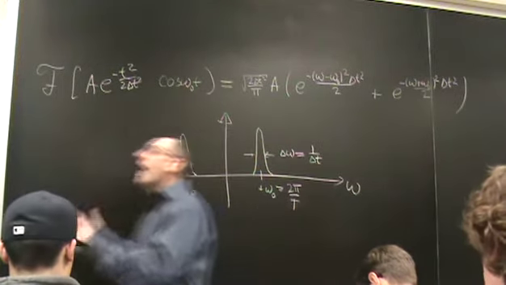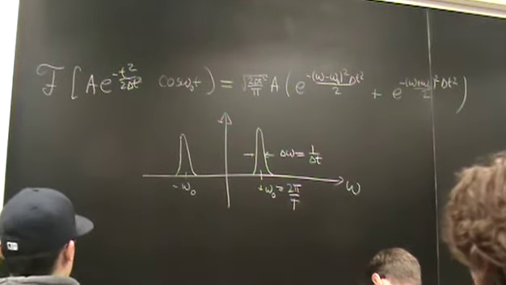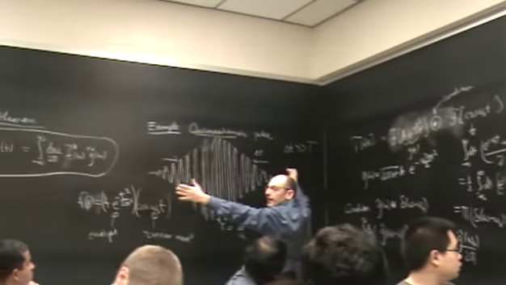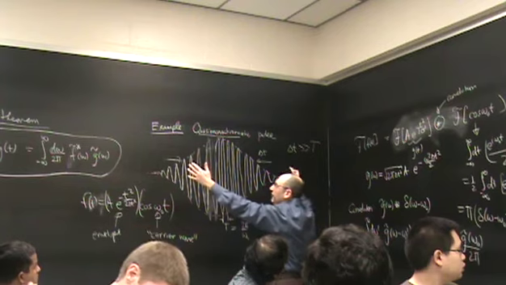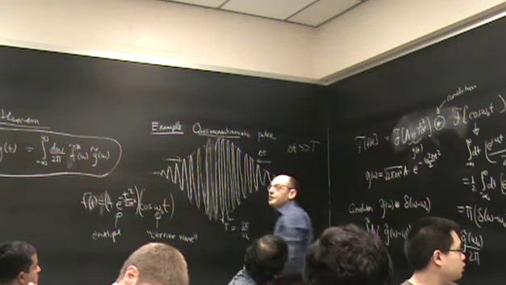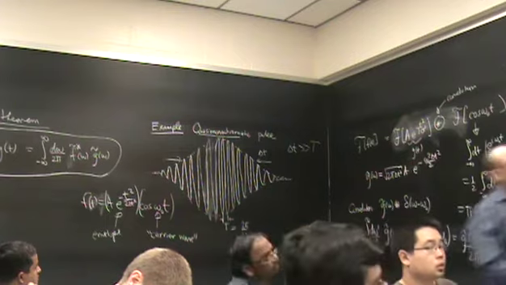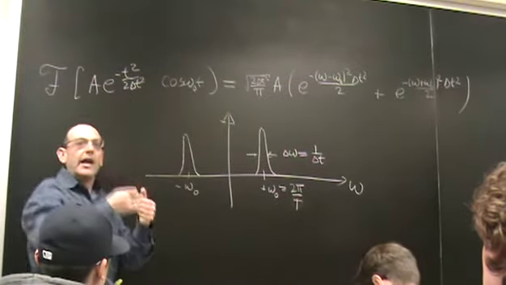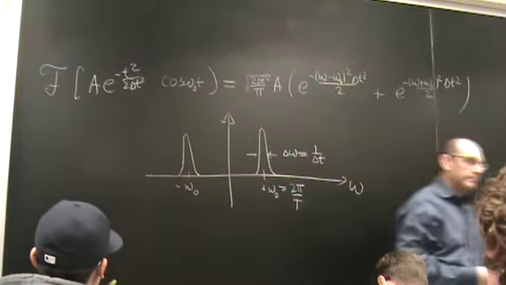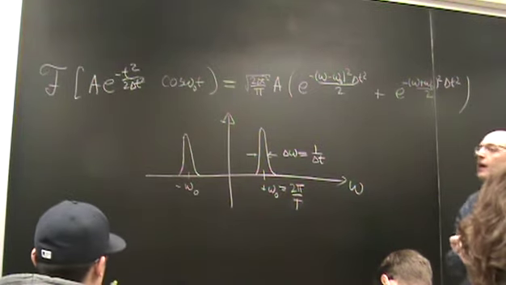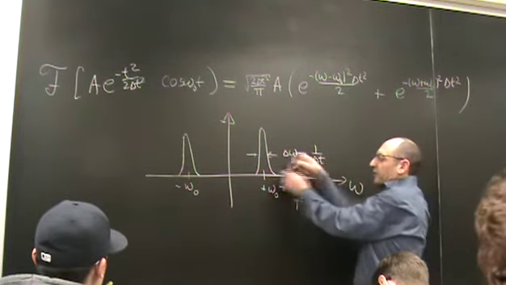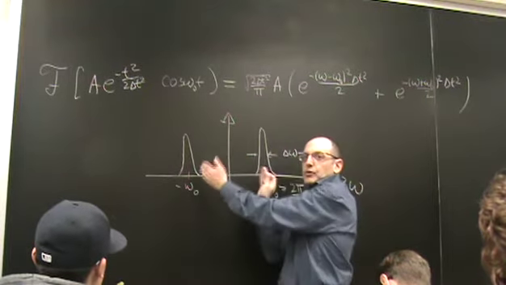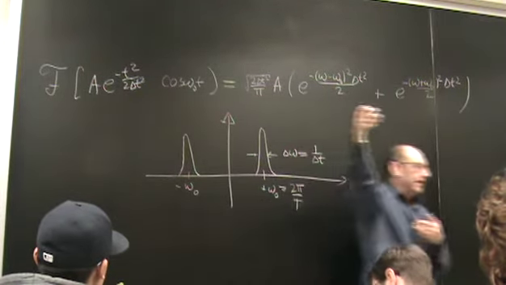So as you know, you have this Fourier duality. A long wave train means a well-defined frequency. As I make the wave train pulse narrower and narrower, I have a broader spectrum of frequencies. This will spread out more and more. There's an inverse relationship between the length of time of the wave train and the spread of frequencies, right? And as delta t goes to infinity, this becomes delta functions, which would be the case of an infinitely long wave train.